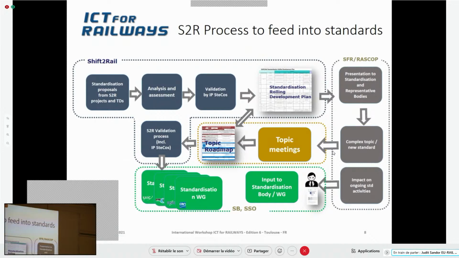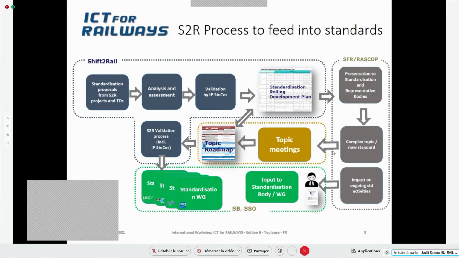But if there are more complex topics, new topics which need to be further discussed and aligned because there are no standards yet available, like when we are talking about DAC, it's very important that before starting the standardization there is an agreement on what should be done, what the scope is, and what the requirements are, and that there is a proper timeline for developing the standard.